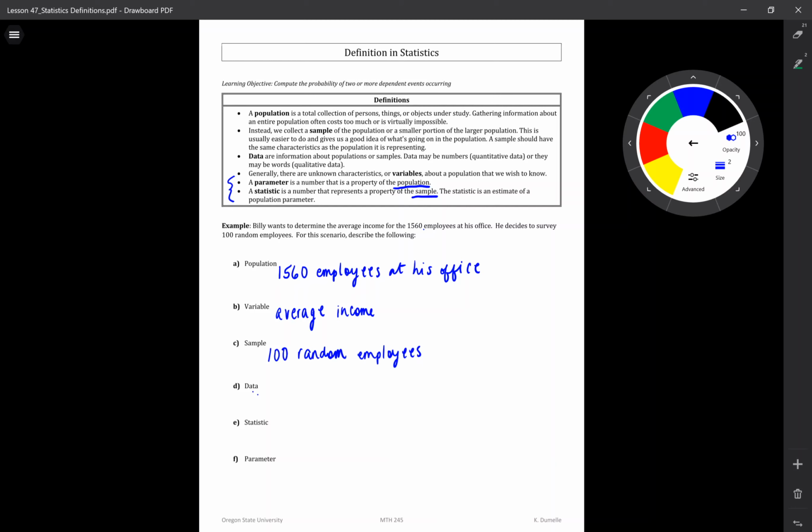What about the data that we are collecting? Data is the information about the populations or the samples. So we want the average income in dollars. And the data that we will get are the incomes from each one of these employees. So the data is income from each of the 100 random employees. That is the data that we are getting.